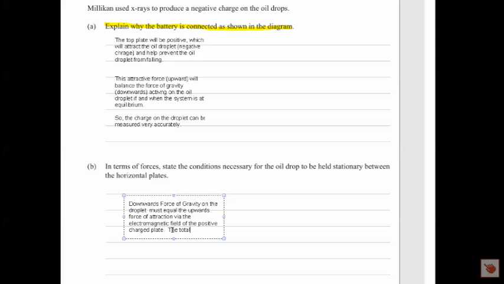The total forces acting on the droplet must have a net sum of 0 for the droplet to be in equilibrium.